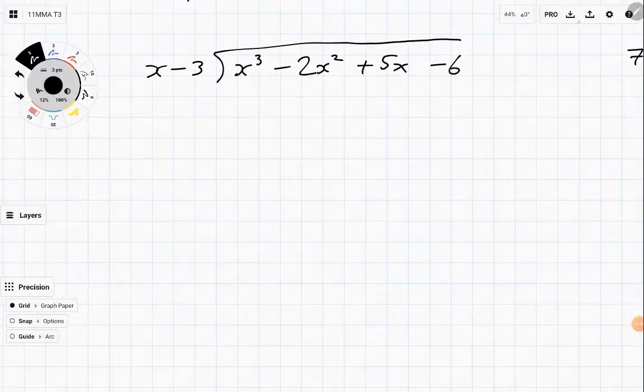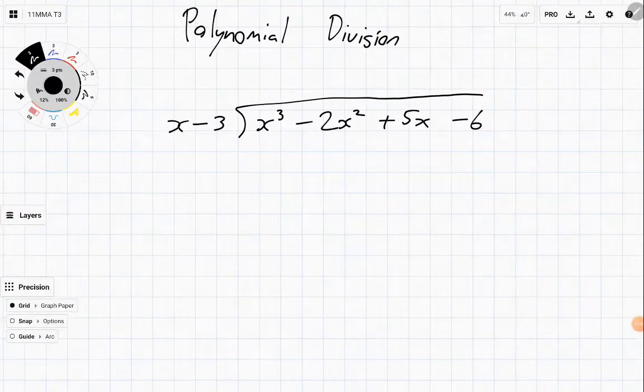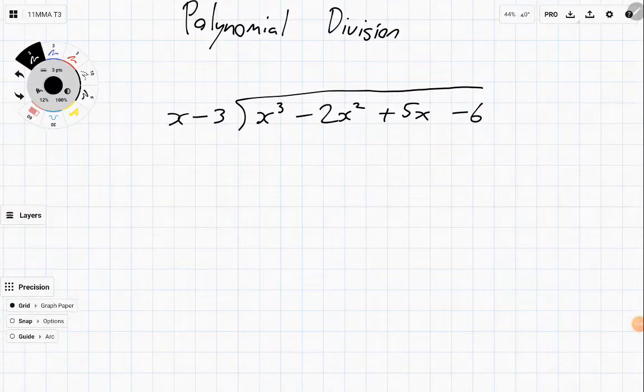Let's look at polynomial division and see how it differs and looks the same. So the first thing is, how do I make x look like x to the 3? What do I multiply it by? Well, I multiply it by x squared. If I do that, I get x to the 3 minus 3x squared.